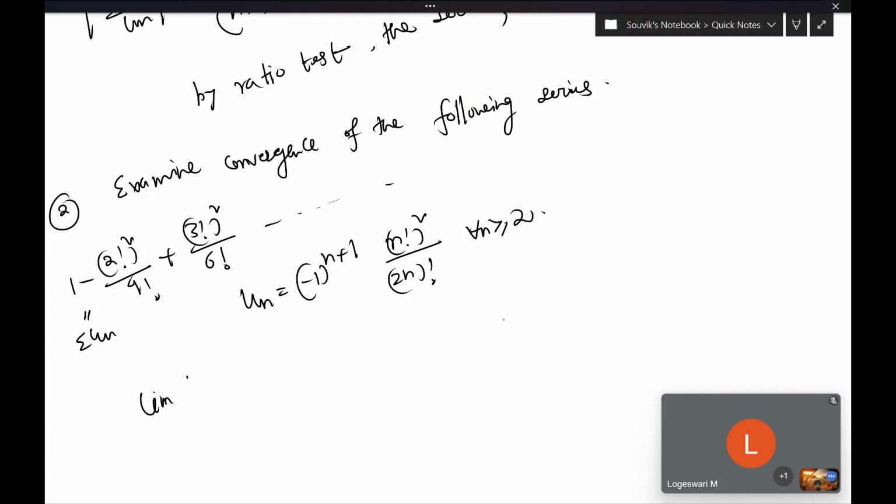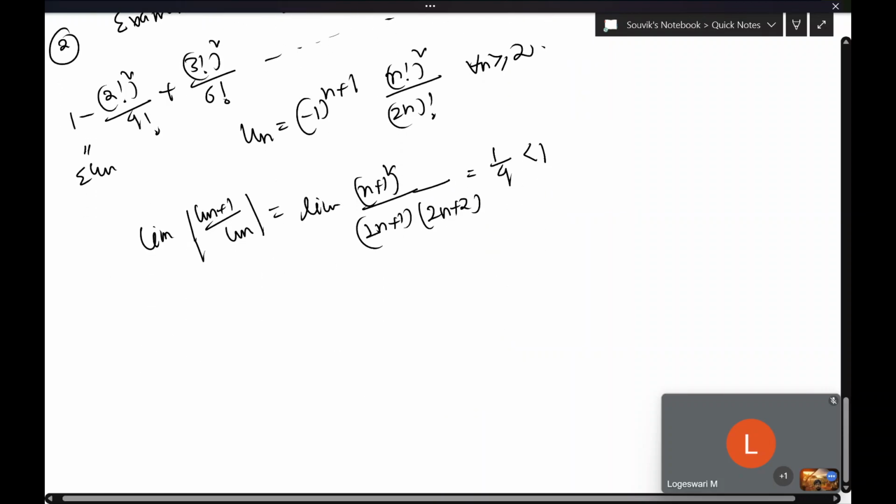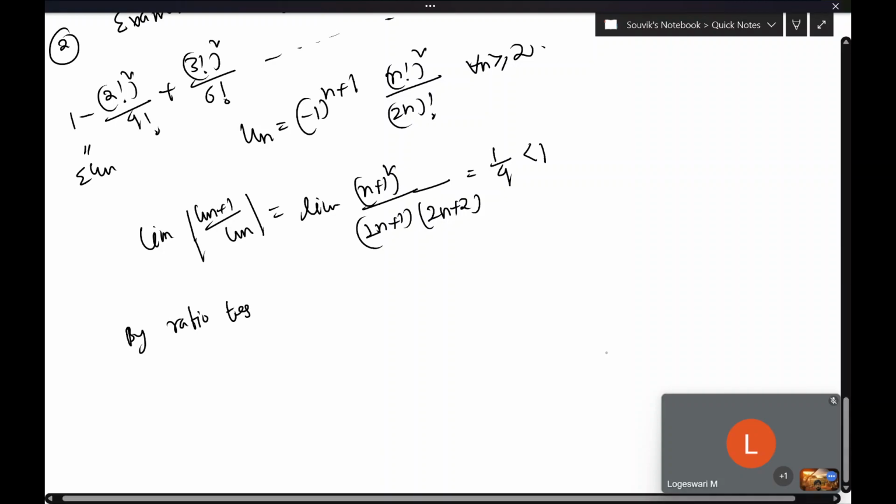Now consider |u_(n+1)|/|u_n|, which is the limit of (n+1)^2/((2n+1)(2n+2)), equal to 1/4, which is less than 1. So by ratio test, this series summation u_n is absolutely convergent.